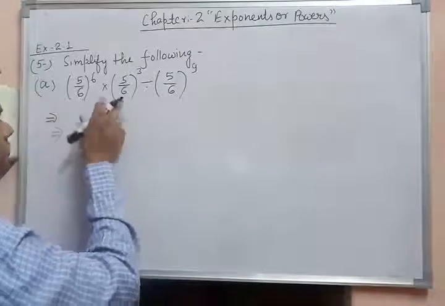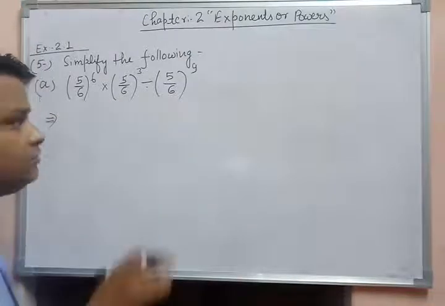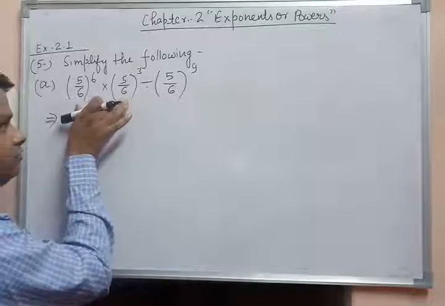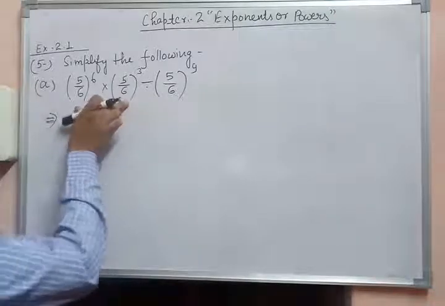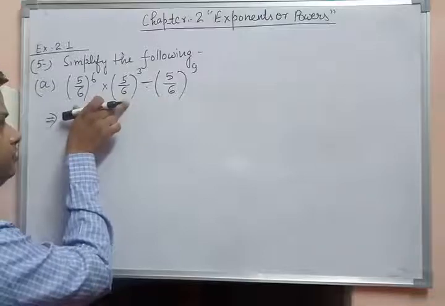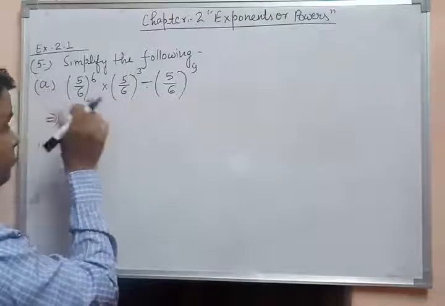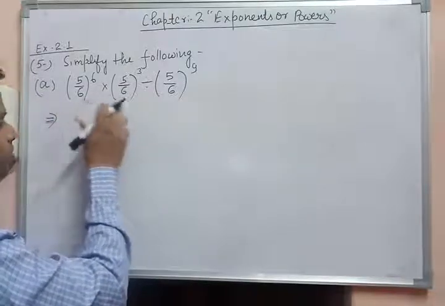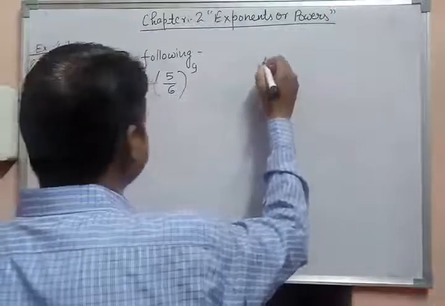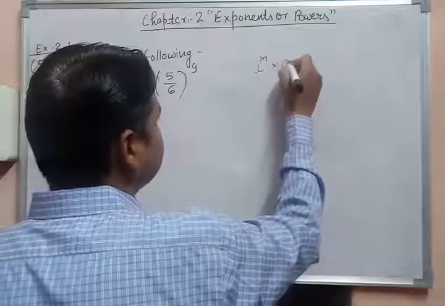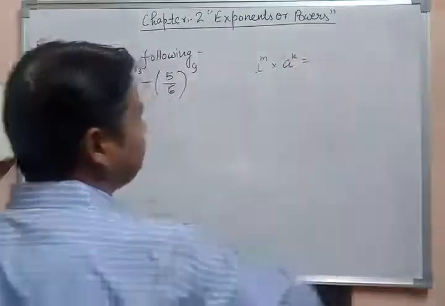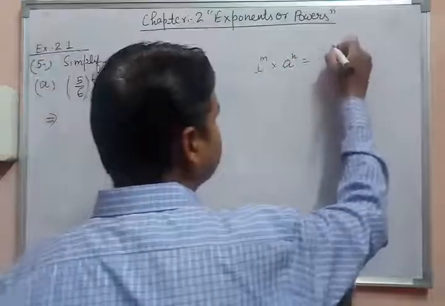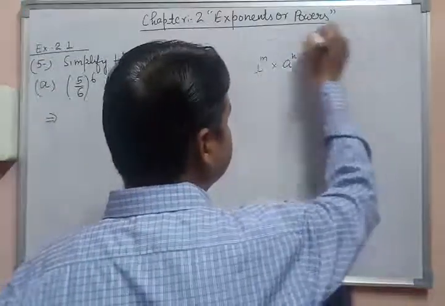First you have to apply the laws of exponents to this part. Here the base is 5.6 and here also 5.6, the bases are the same. When the bases are the same and the powers are different, the result is a to the power m plus n.